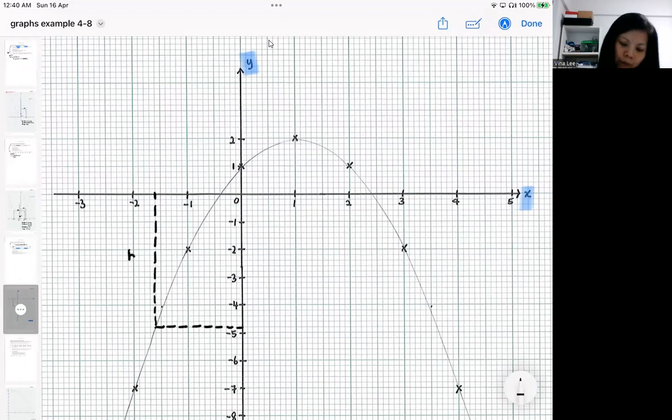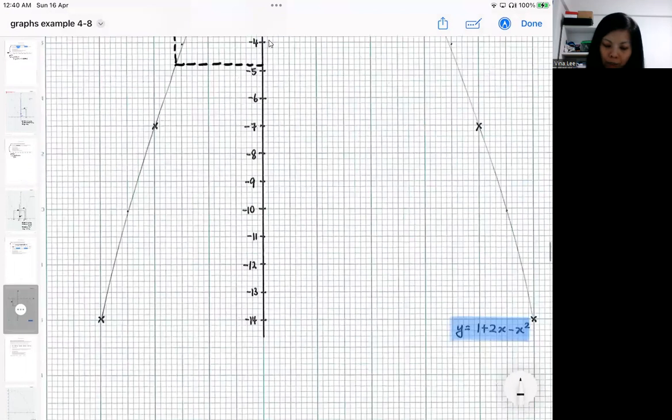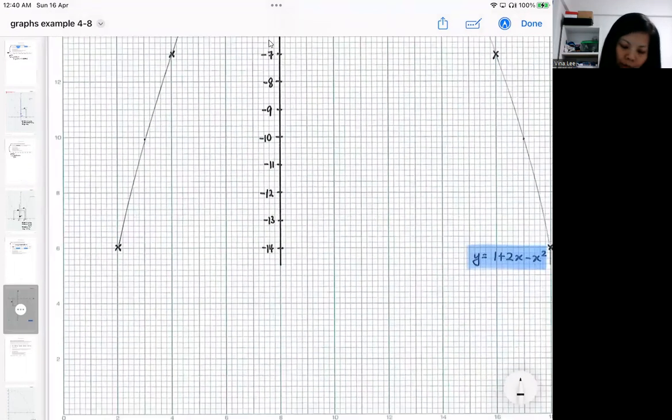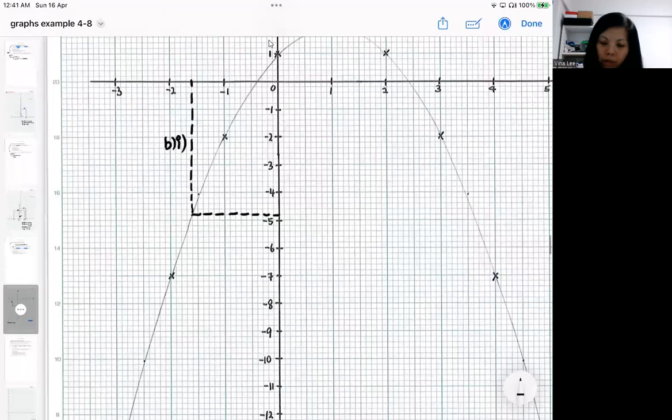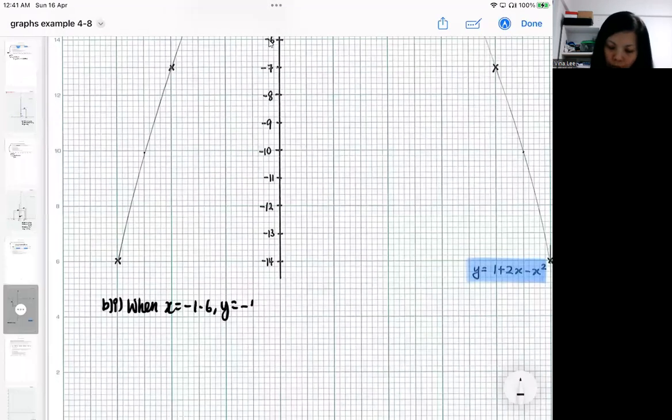So this is B part 1. So again, you find a proper space. Okay, so B part 1, when x is equal to minus 1.6. Read carefully. Sometimes some students also read wrongly.